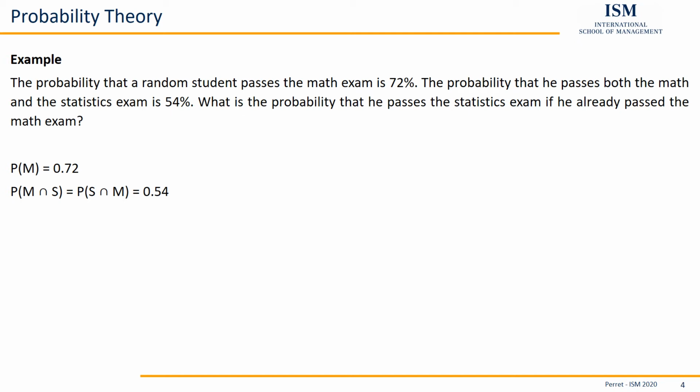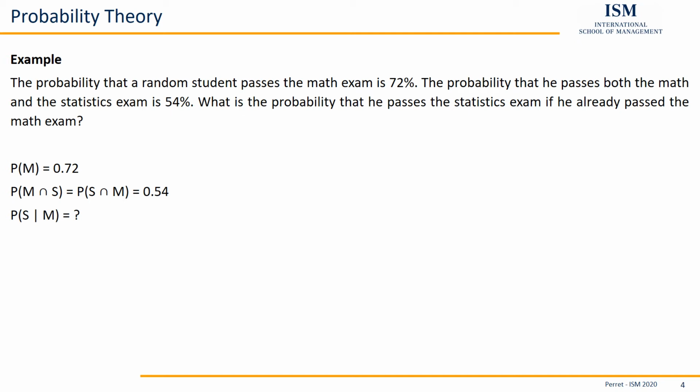So what am I looking for? I'm looking for the probability that I pass statistics, if he already passed math. So under the assumption that math is passed, under the condition that. So I'm looking for a conditional probability: the probability of S under the condition that M.